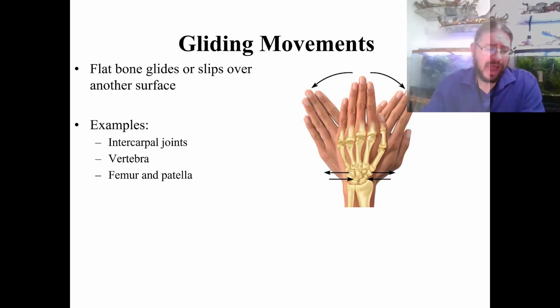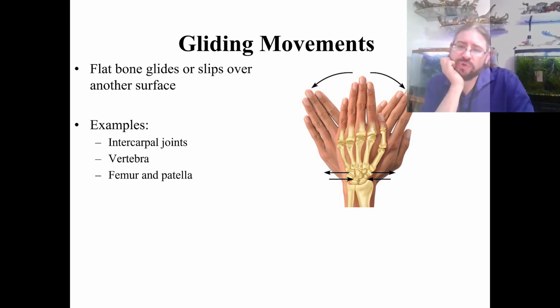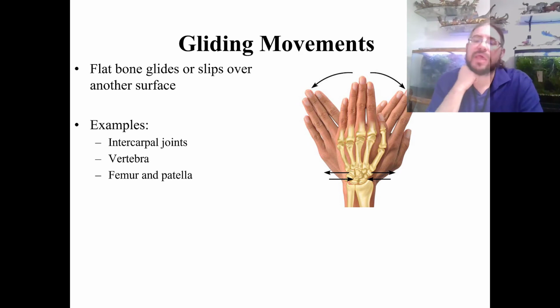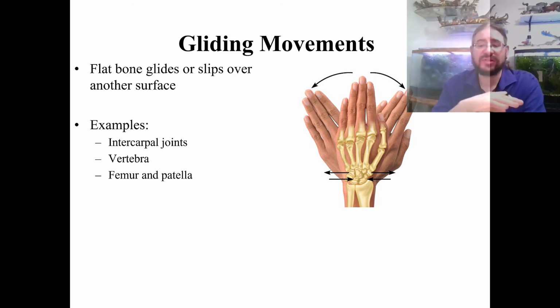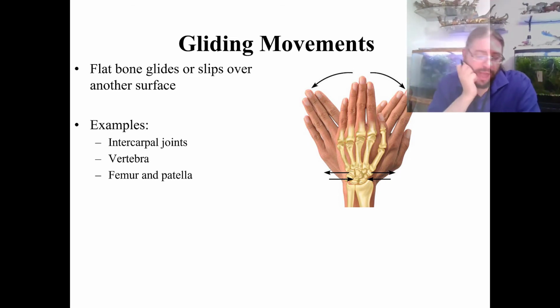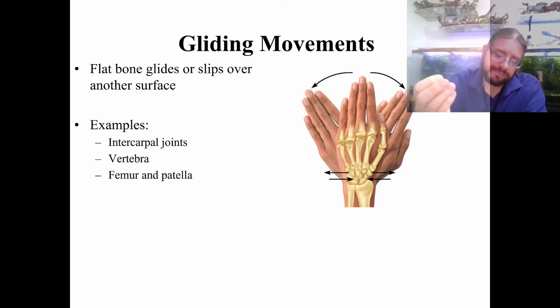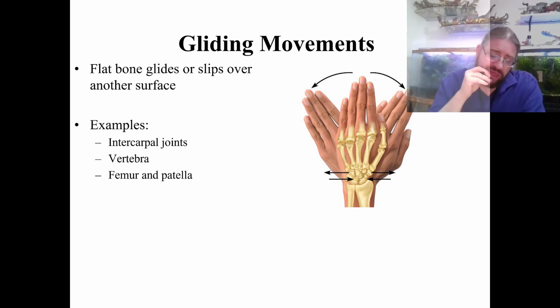You get the idea? So let's rock on to our gliding movement joints. So here we have flat bones that glide or slip across each other's surfaces. So we have a few gliding joints around here. The carpals are your big gliding joints.